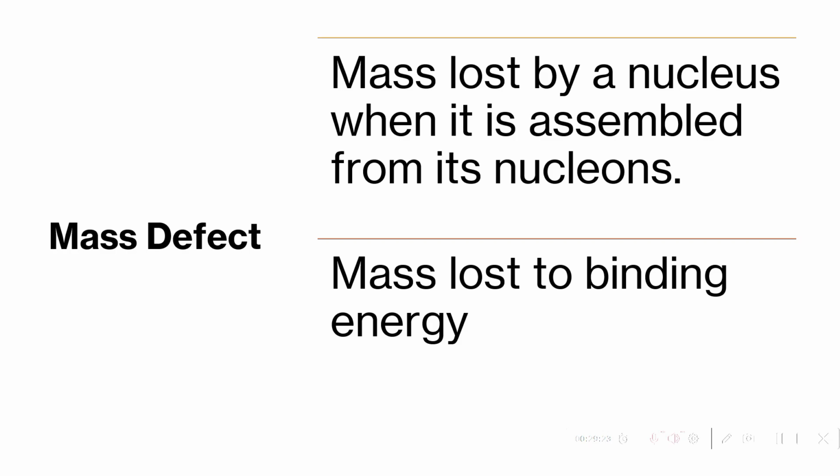Now if I combine a nucleus, combining different protons and neutrons, it should have a certain mass, but that mass doesn't add up, because there's energy lost to binding. We call that the mass loss to binding energy, the mass defect.